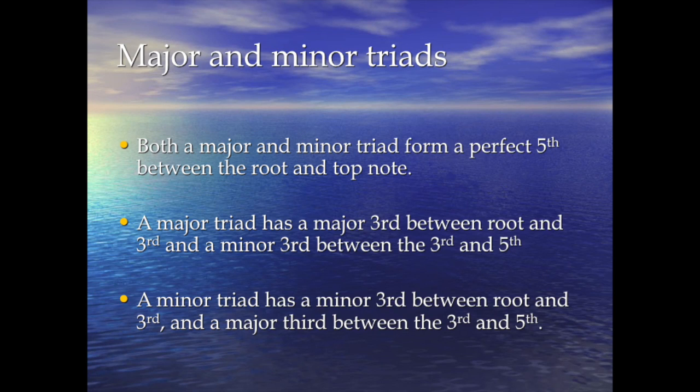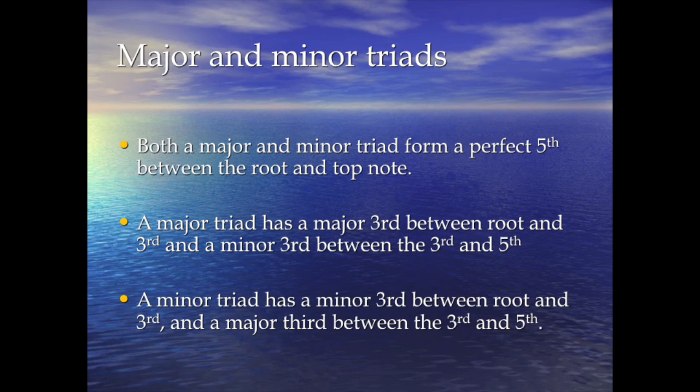Both a major and minor triad form a perfect fifth between the root and the top note. A major triad has a major third between the tonic and the third, and then a minor third between the top two. So this is a major third plus a minor third.